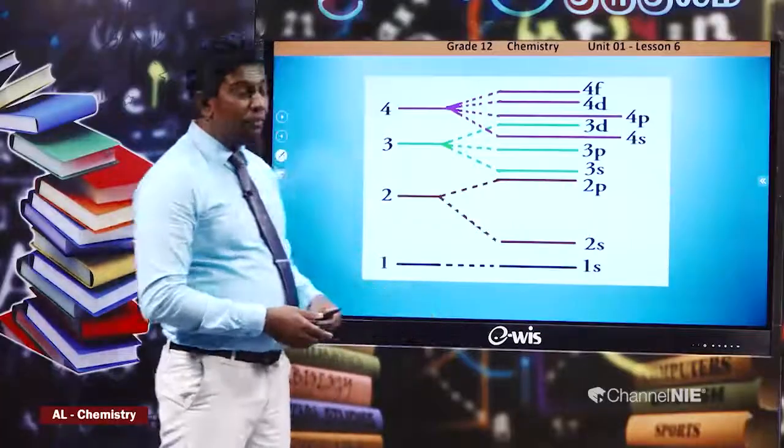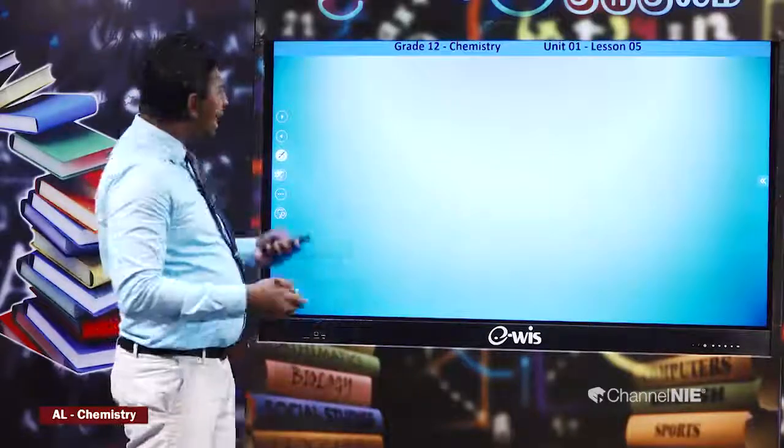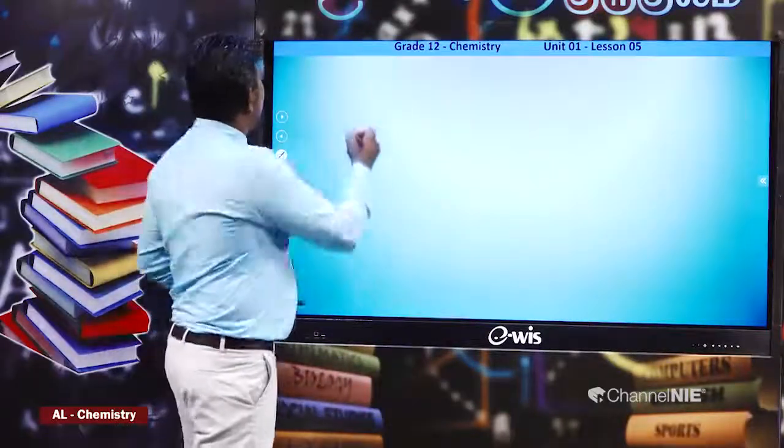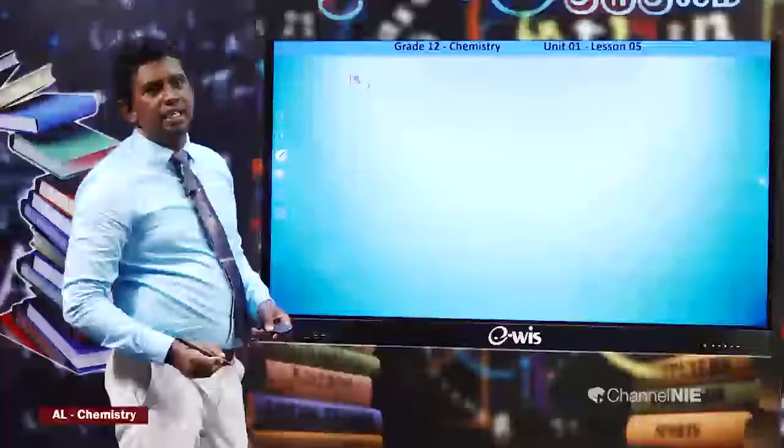Students, the energy increases in this order. You find 1s first, and you fill the maximum number of electrons that you could fill in 1s.